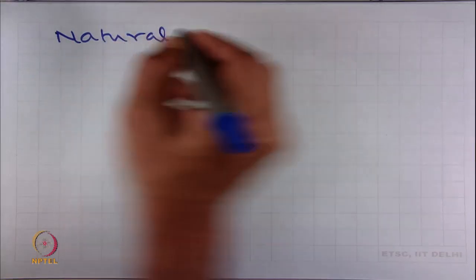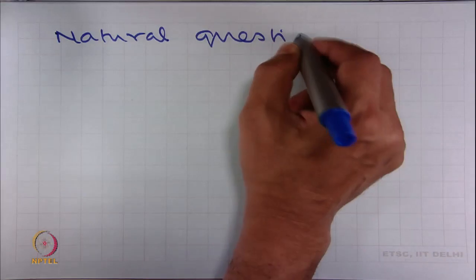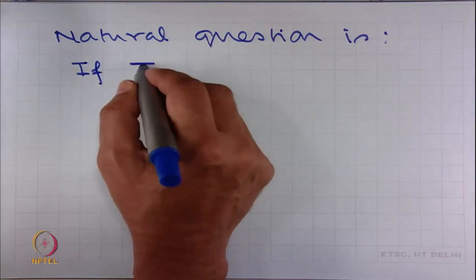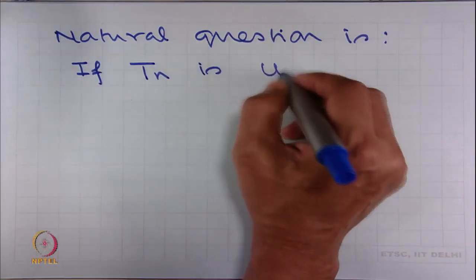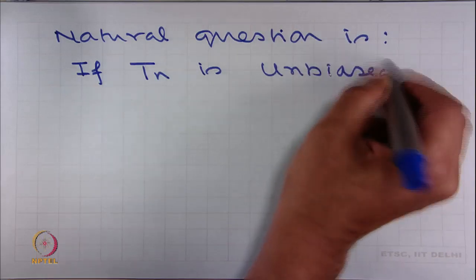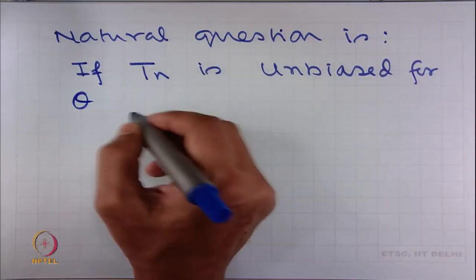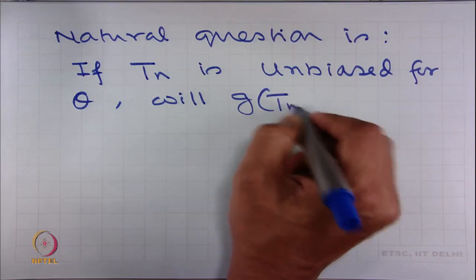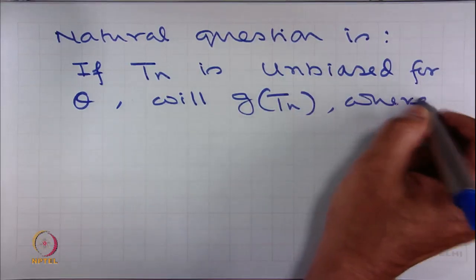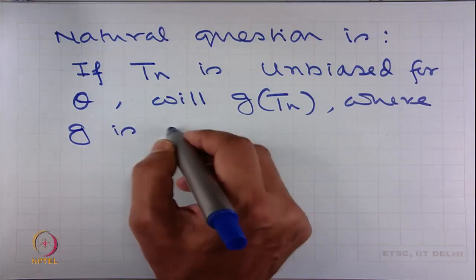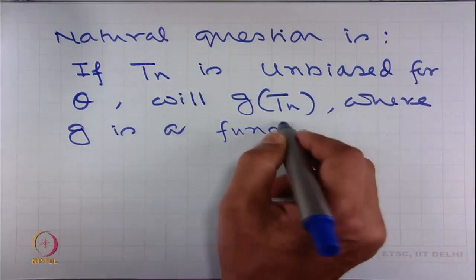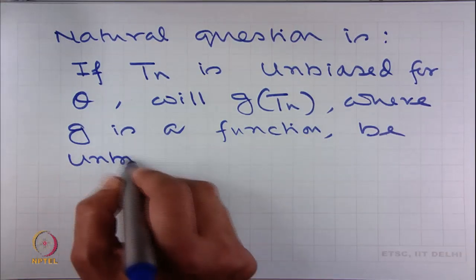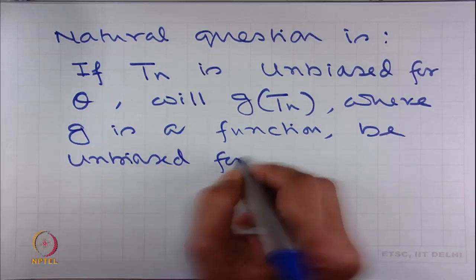A natural question is, if T_n is unbiased for theta, will g of T_n, where g is a function, be unbiased for g theta?